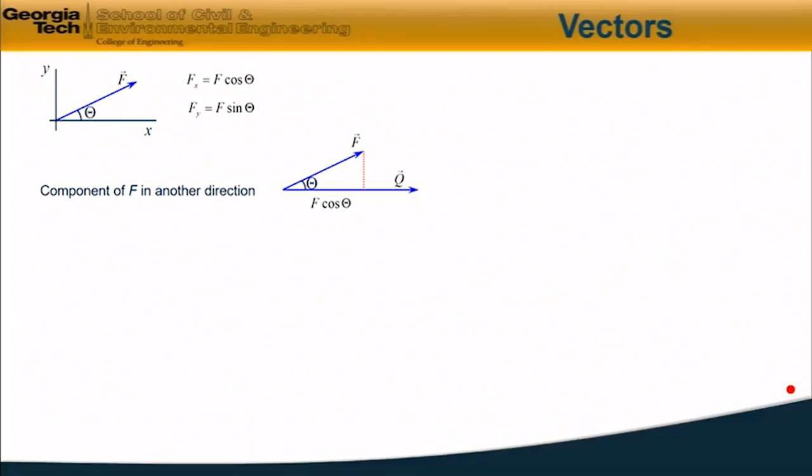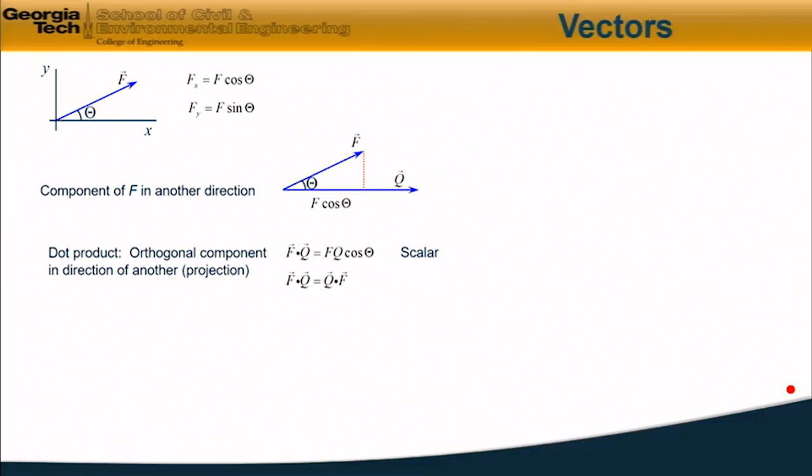But an easier and more general way to get that is by means of the dot product. The dot product is the orthogonal component of a vector in the direction of another, in other words, the projection in that direction. So in this case, we have f dot q is equal to fq cosine theta, which is, of course, a scalar quantity.